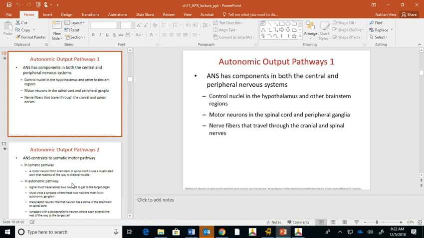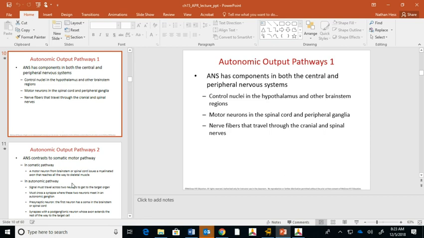We're doing well. We've got autonomic output pathways that I want to mention here, because the signal has to travel from the preganglionic fiber to the autonomic ganglion and then to the postganglionic fiber to reach the target cell. So it's basically a train, right?